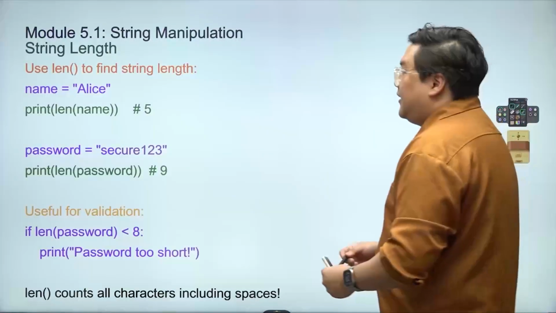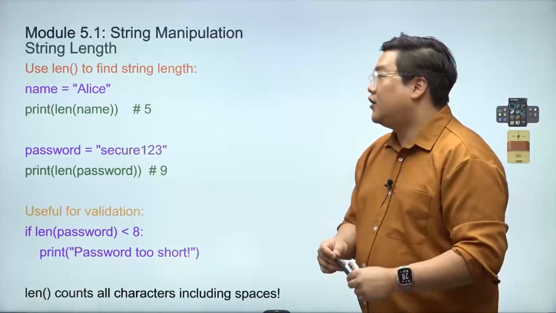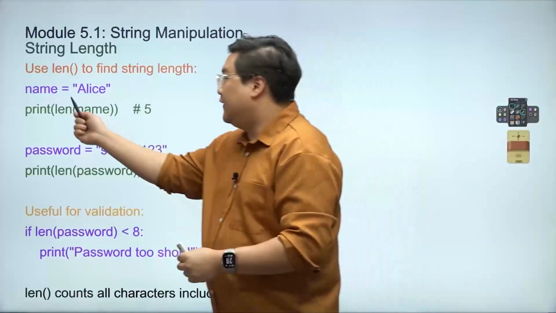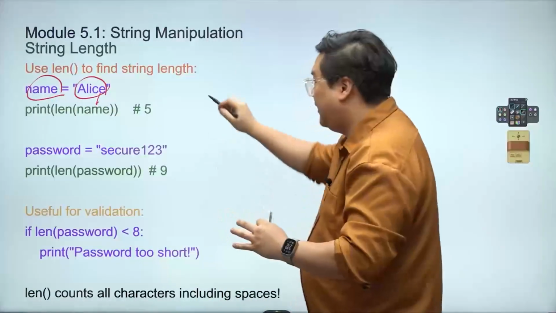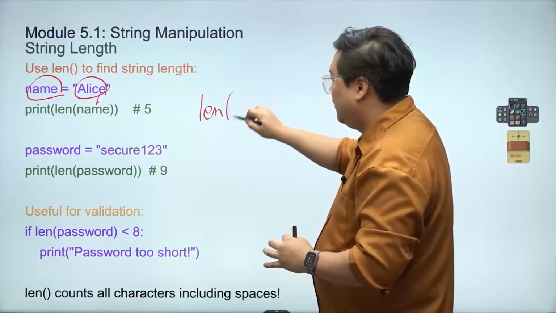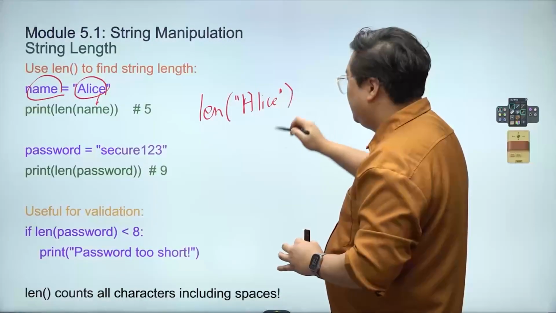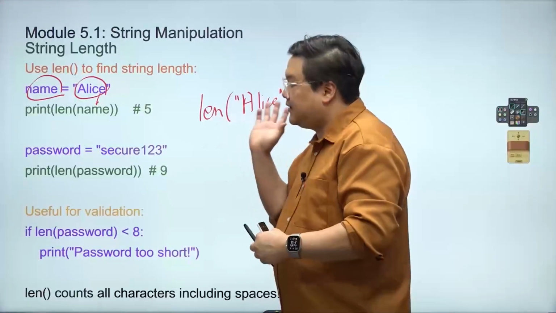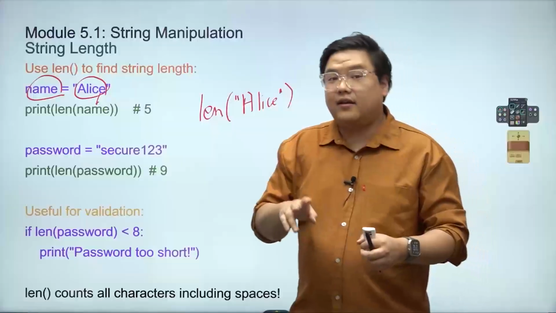All right. Now, we have something called the len function, okay? So if we put in the name of the variable, or we can also just put in len of "Alice", just the text, the string itself, we can still put it in there, and that will give us the length of the string.